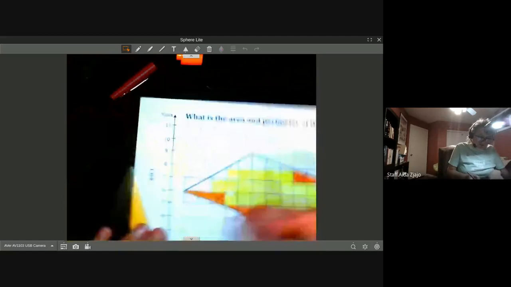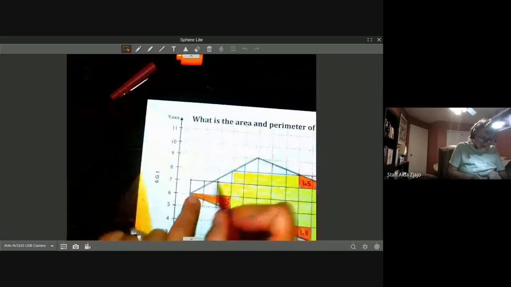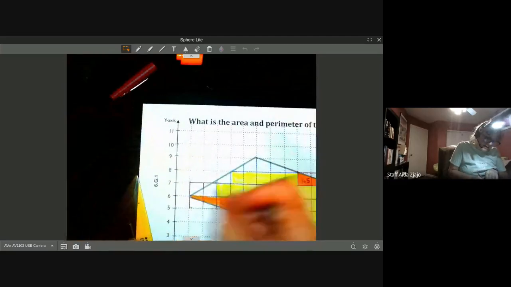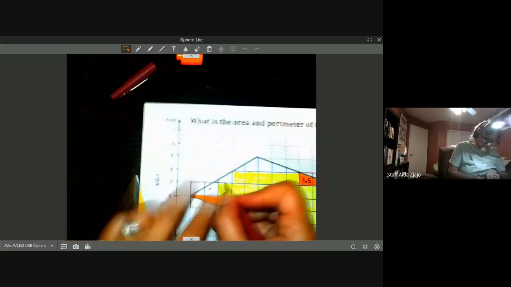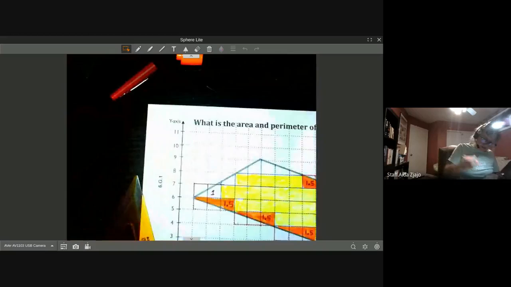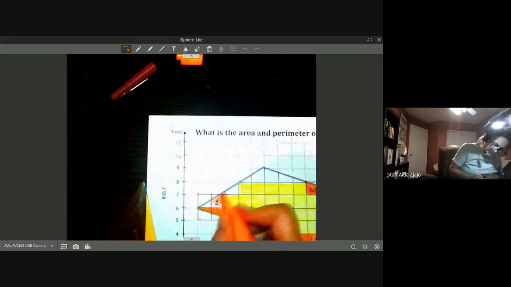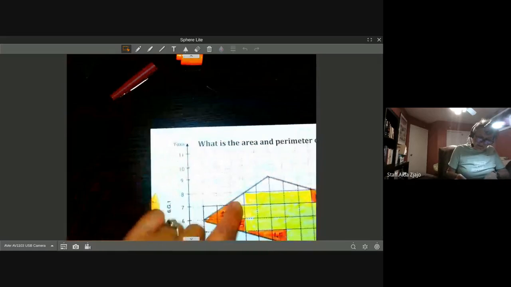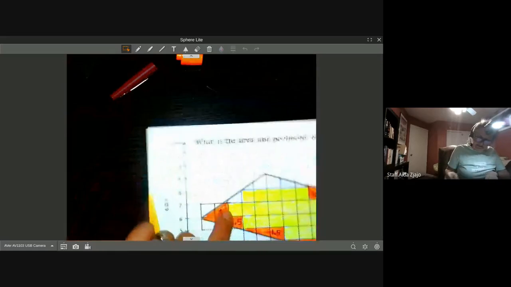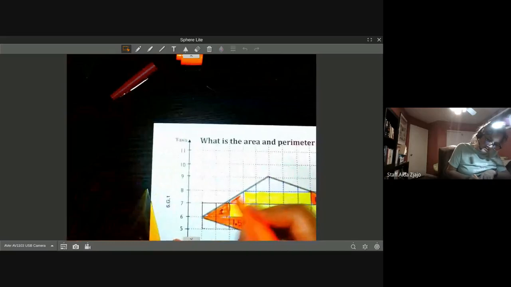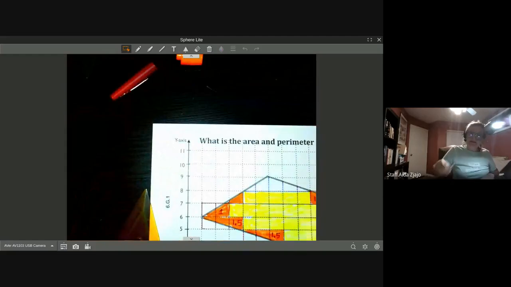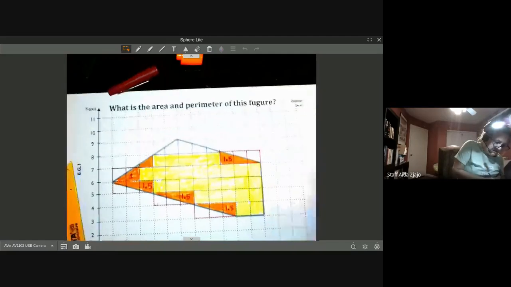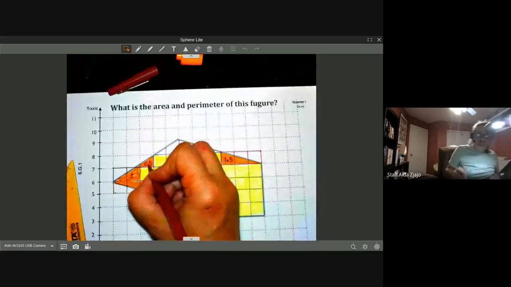So these are 2, but this part could be about 1, because when you cut 2 in half, it's about 1 unit. And then this could be only half a unit, because it's just about half. I'm saying about because the picture is not perfectly aligned, so we can say that this would be 0.5, or half a unit.